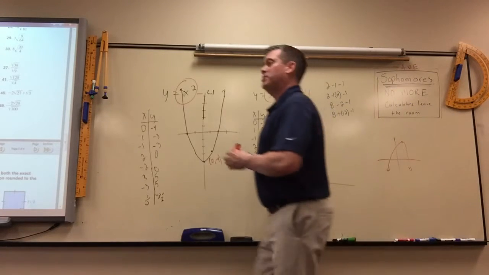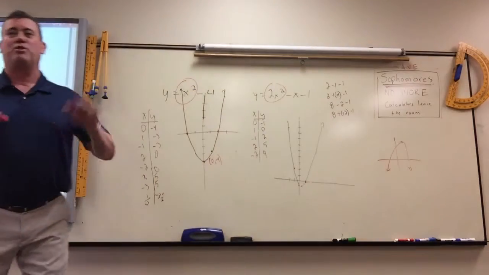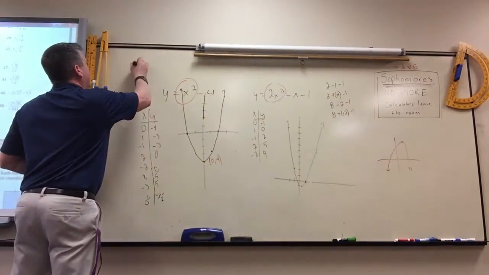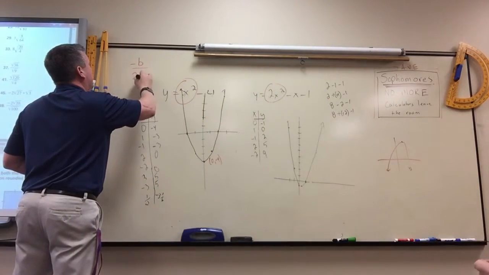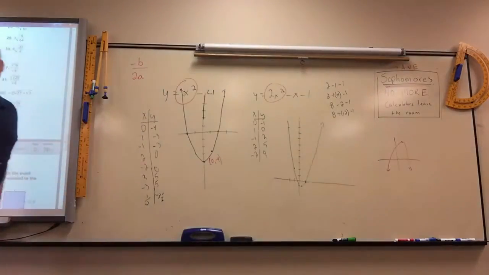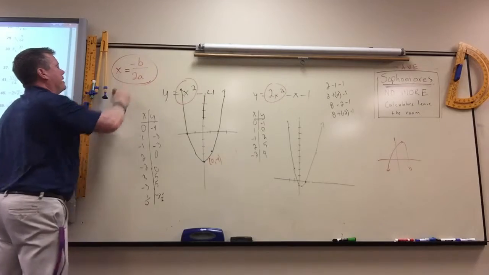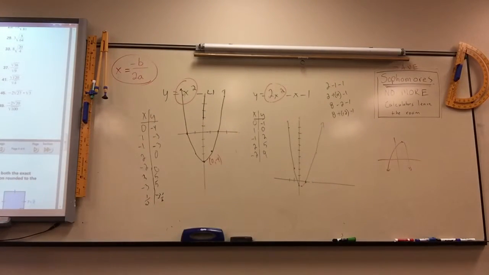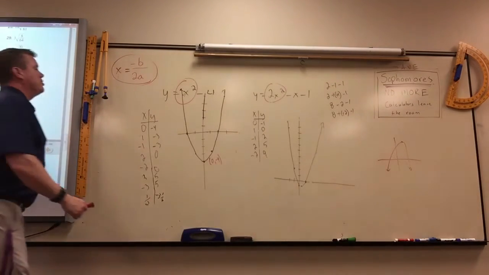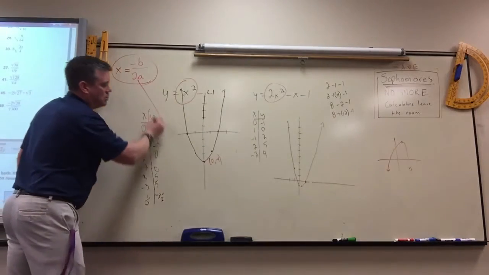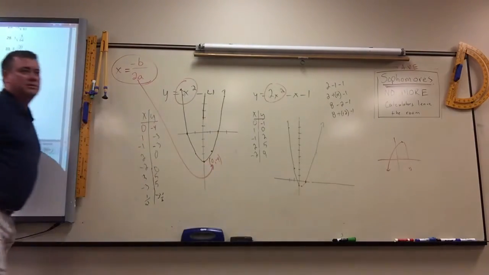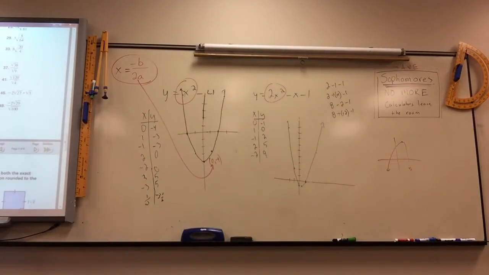So this is another thing you're going to have to memorize for quadratics. Negative b over 2a. X equals negative b over 2a. That tells you what the x coordinate is.